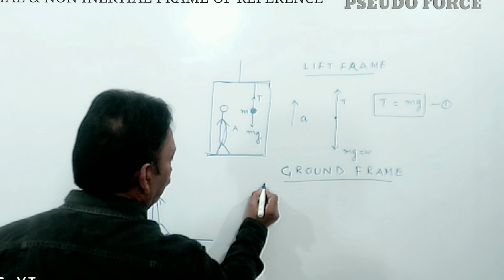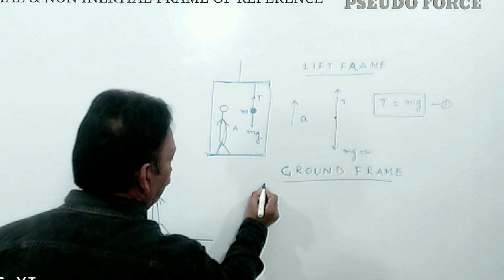And he found the tension as T is equal to mg plus ma. Here, a confusion will arise. This is the second equation.